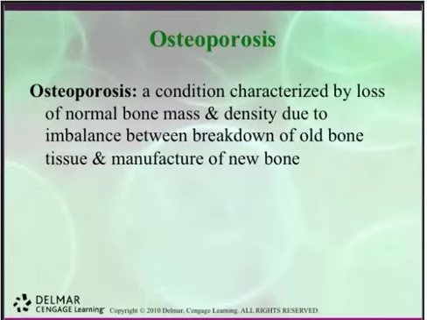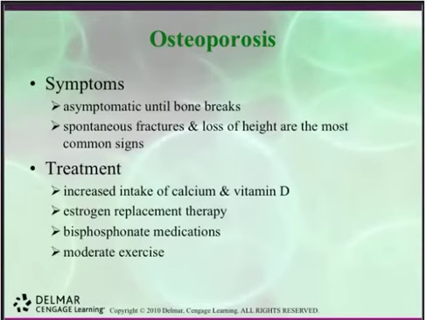Osteoporosis can also result from the use of medications such as heparin, phenytoin, and cortisone meds, as well as prednisone and prednisolone. The bottom line is that often this is asymptomatic until we see a bone break. This is what we call a pathologic fracture. Spontaneous fracture and loss of height are the most common signs.